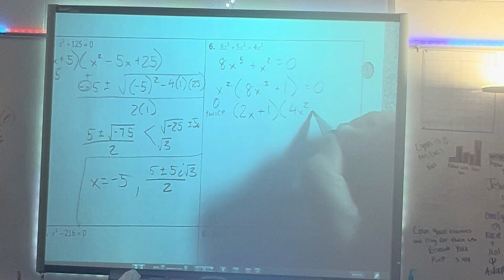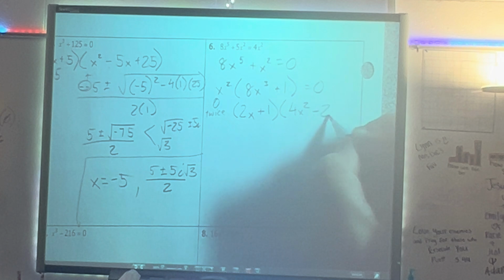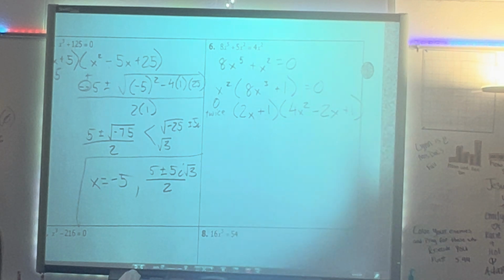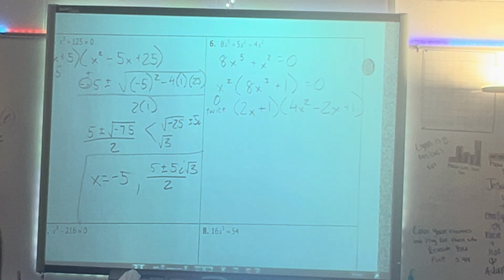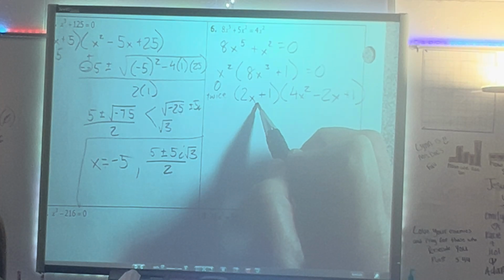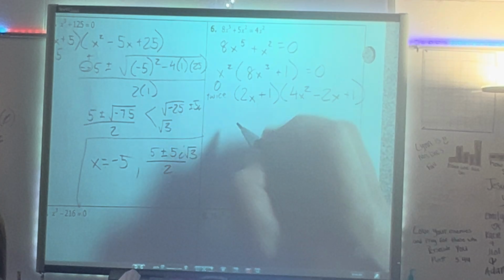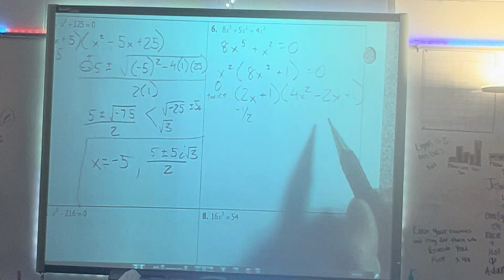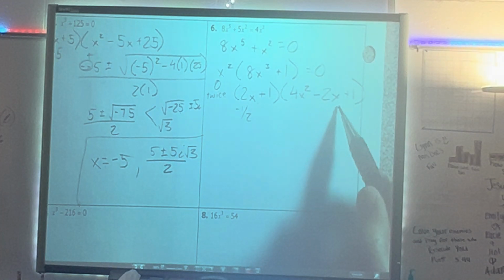What's the sign here? Negative 2x plus 1. Like y'all, you say you understand and you know it, yet y'all can't seem to tell me what goes there. And y'all are going to do this on your own. What is this going to become when I solve it? Negative 1/2.